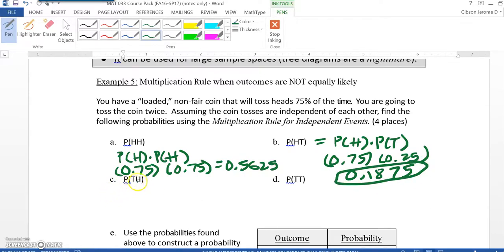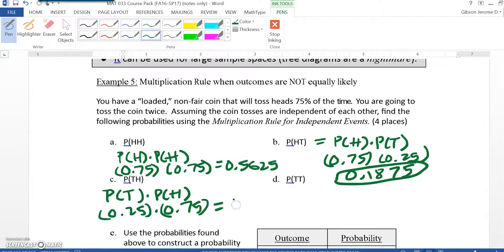Now we have the probability of tails and heads: the probability of tails times the probability of heads. We will have 0.25 times 0.75, which results in the same answer as the previous problem, 0.1875. So it doesn't matter the order here, it comes out to be the same answer.